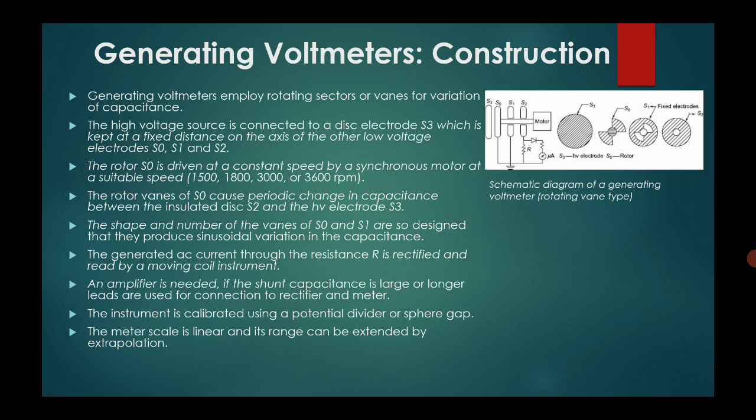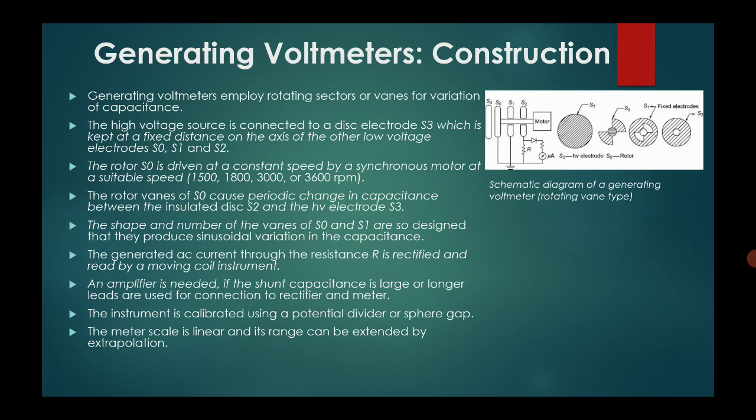The rotor vanes of S0 cause periodic change in capacitance between the insulated disc S2 and the HV electrode S3. The shape and the number of vanes of S0, S1 are so designed that they produce a sinusoidal variation in the capacitance. The generated AC current through the resistor R is rectified and is read by a moving coil instrument. An amplifier is needed here if the shunt capacitance is larger or longer leads are used for the connection to the rectifier and meter.